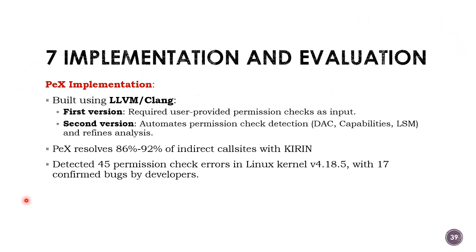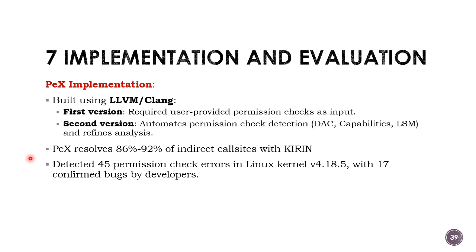So here we have some PACS detection environment. It is built using LLVM and Clang, these two tools, and it has two versions. If you remember, there's a default and an automatic version. The first version requires user-provided permission checks as the input, and the second version is automatic, so it will automate the permission check detection based on capabilities and LSM.